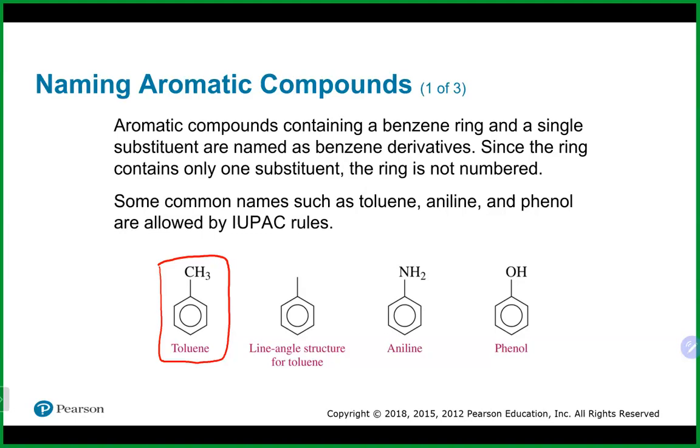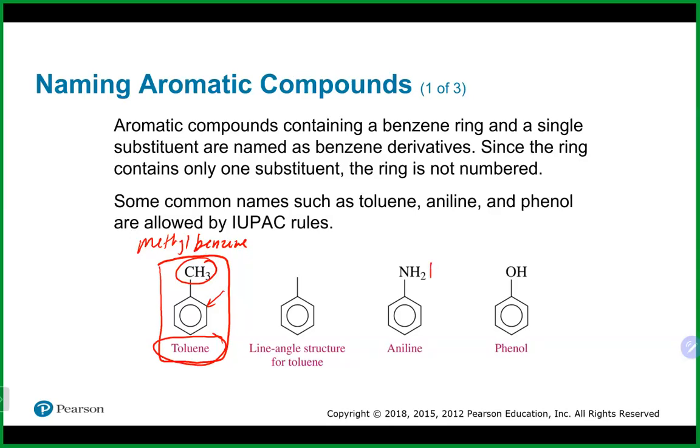You could also call it by its other name. This is a benzene ring, right? And attached to it is what group? That is a methyl. So this is sometimes referred to as methylbenzene, but a lot of times people still call it toluene. Again, it's a pretty historical name that's used a lot.